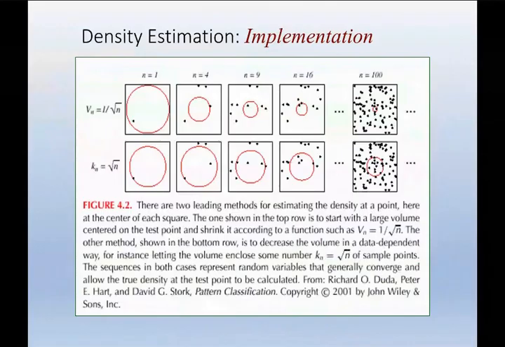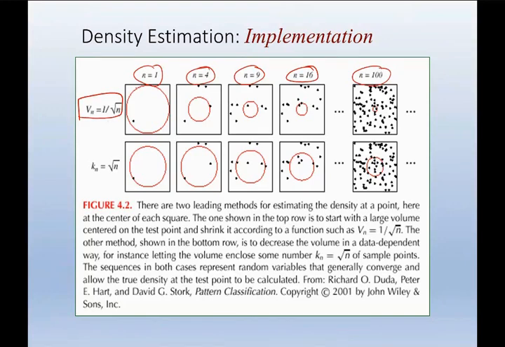Now this is one example where we have a comparison between the two. Suppose here this is the Parzen window, and I have n equal to 1, then n equal to 4, n equal to 9, n equal to 16, and n equal to 100. If I use the Parzen window, the volume size will be 1 by 1, that is 1, if I have only one sample.